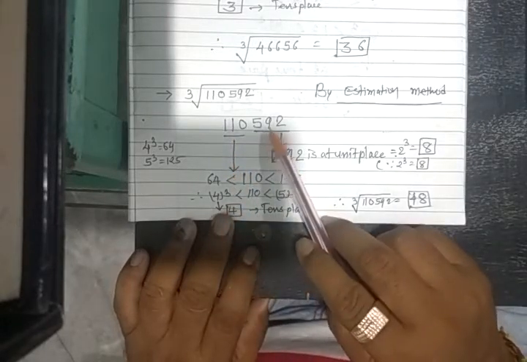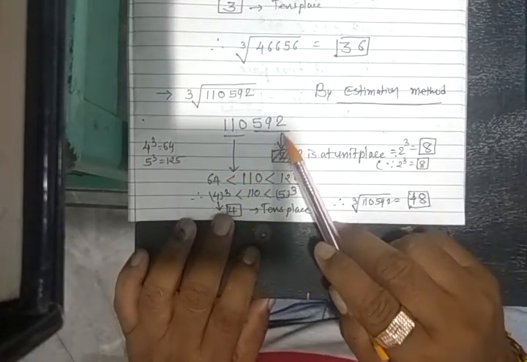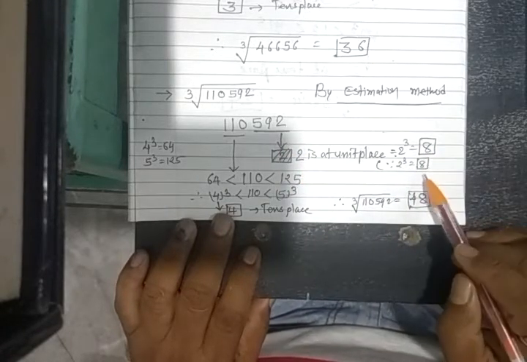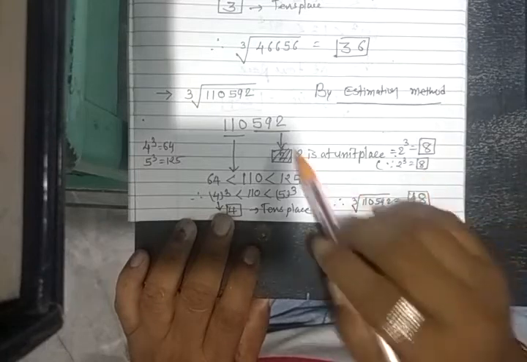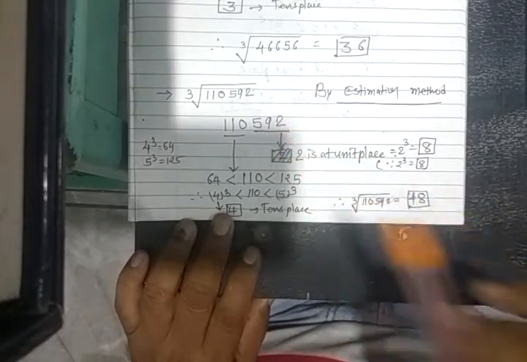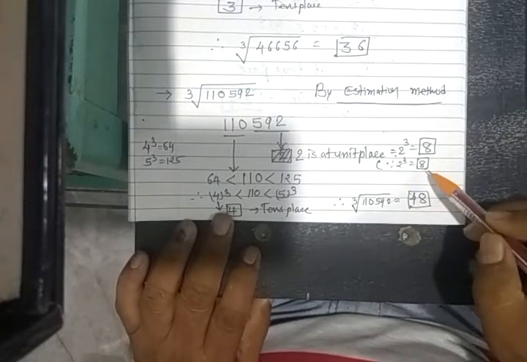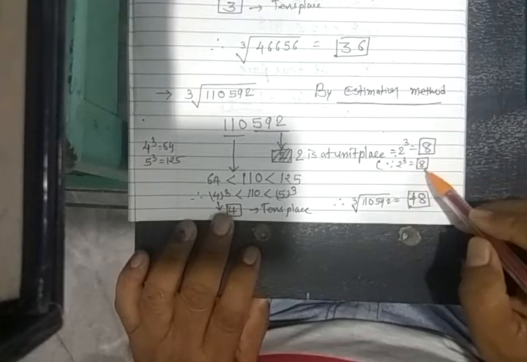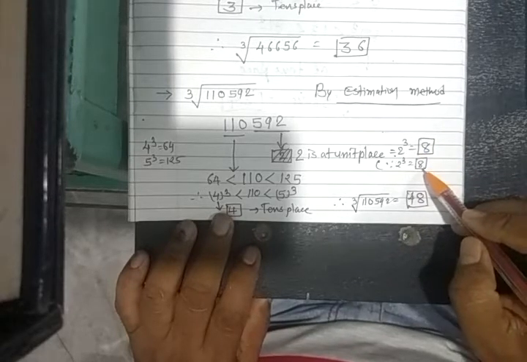From 592, 2 is in the unit place. Now what is 2 cube? That is 8. So we have to put 8, not 2. We have to cube the unit place digit, and whatever comes in the unit place, we put that in the unit place. So now 2 cube is 8, so the unit place is 8 only.